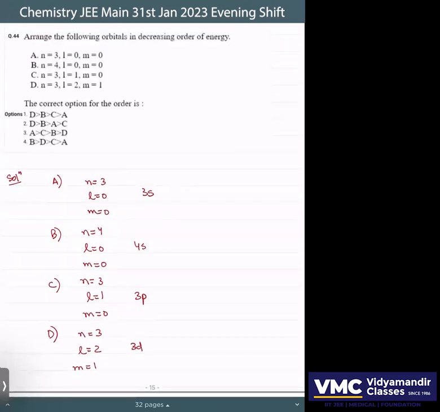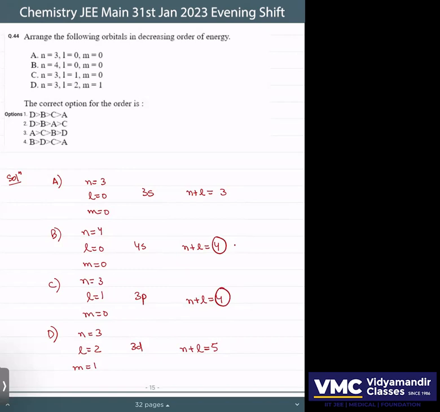So we'll apply Bohr-Bury rule here, which says lower the value of n plus l, lower is the energy. So we can see the value of n plus l here is 3. The value of n plus l here is 4. It is 4 again here. And it is 5 here. When the value of n plus l is same, we say lower the value of n, lower is the energy.